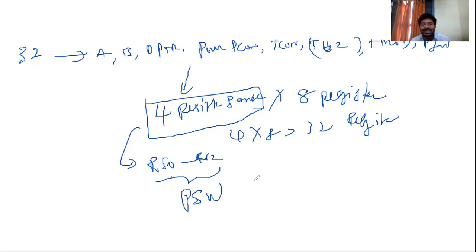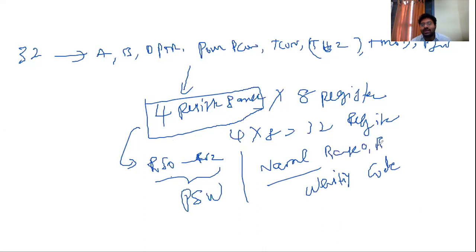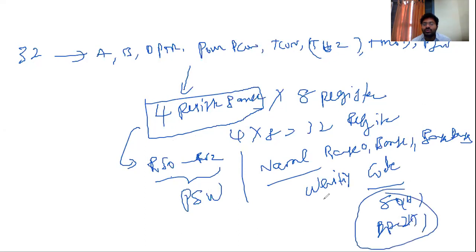These banks can be accessed either by writing the name or by writing the code. Name means we are accessing bank 0, bank 1, bank 2 or bank 3. By writing the code means, for suppose, 80H or 20 or EAH or something like that. These are the codes for access.